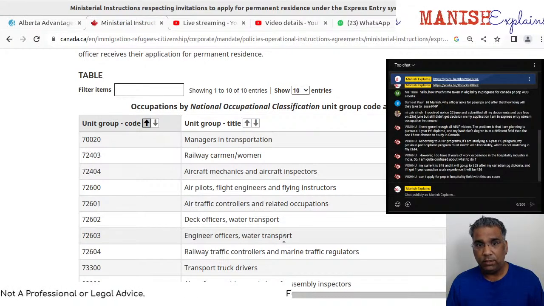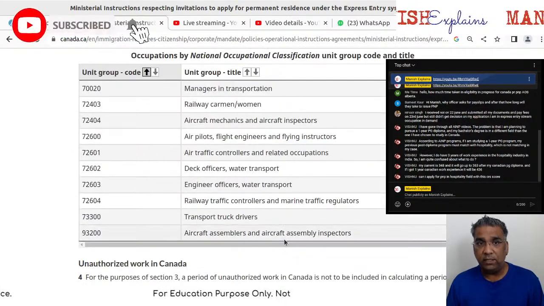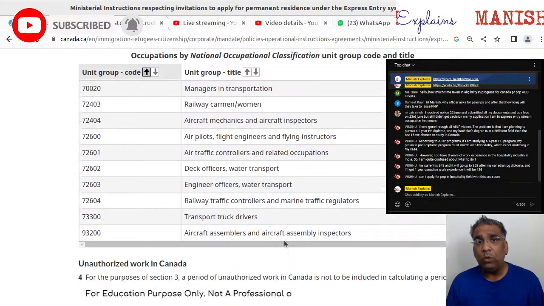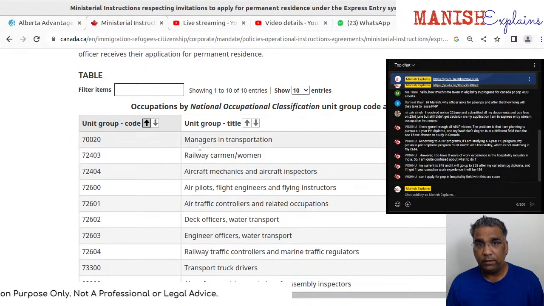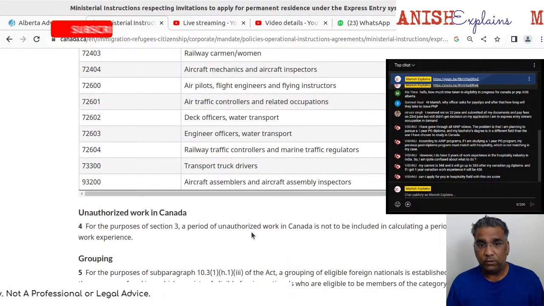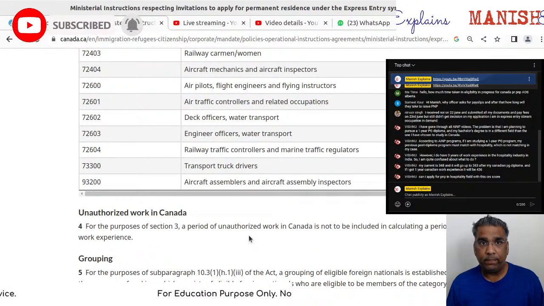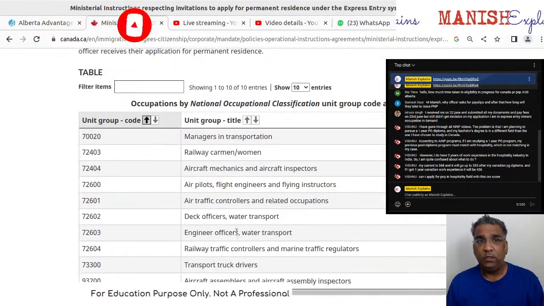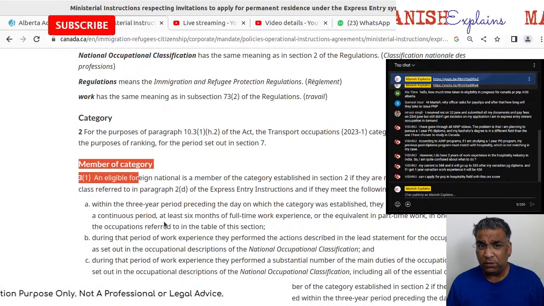Okay, so this is where you can find the exact NOCs who were invited, right? So this has the details of your NOCs. Again, there is some legal text here.